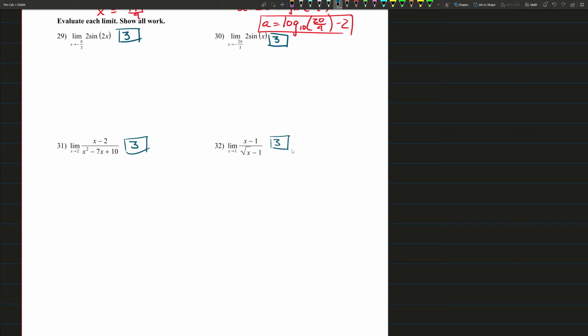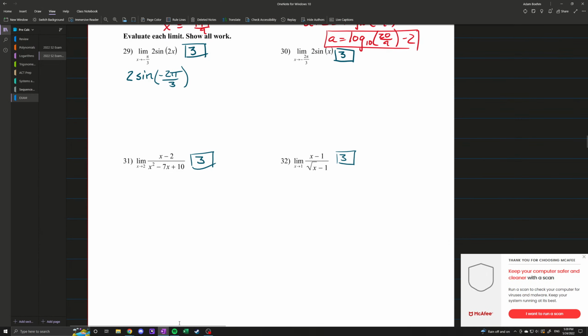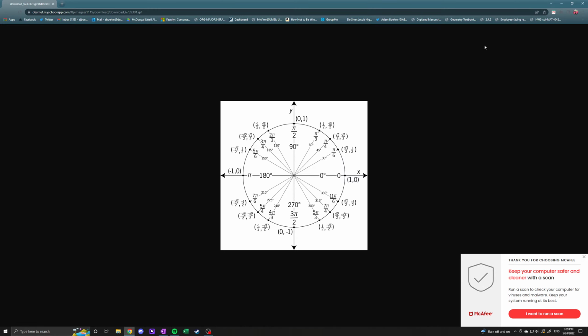So this is going to be 2 times sine of negative 2 pi over 3. And if we go back to that unit circle, negative 2 pi over 3, so that's going down 2 pi over 3, so 1 pi over 3, and then 2 pi over 3.